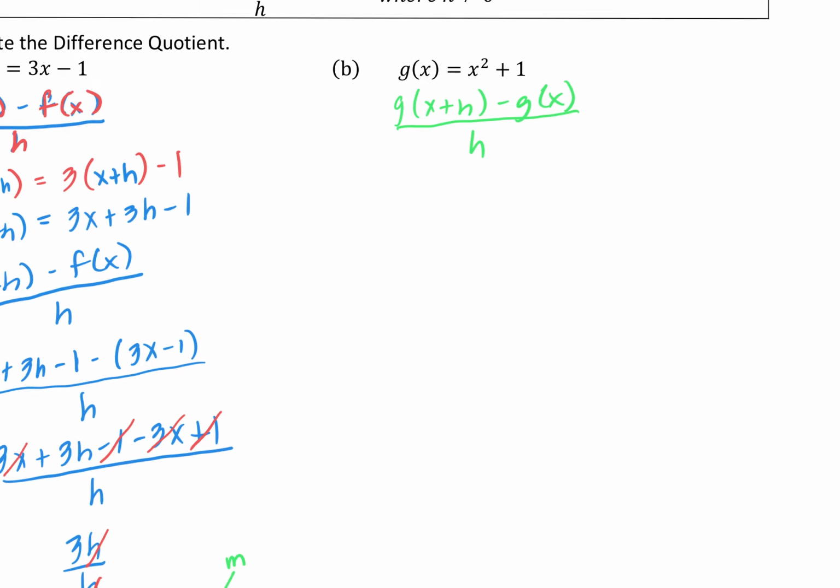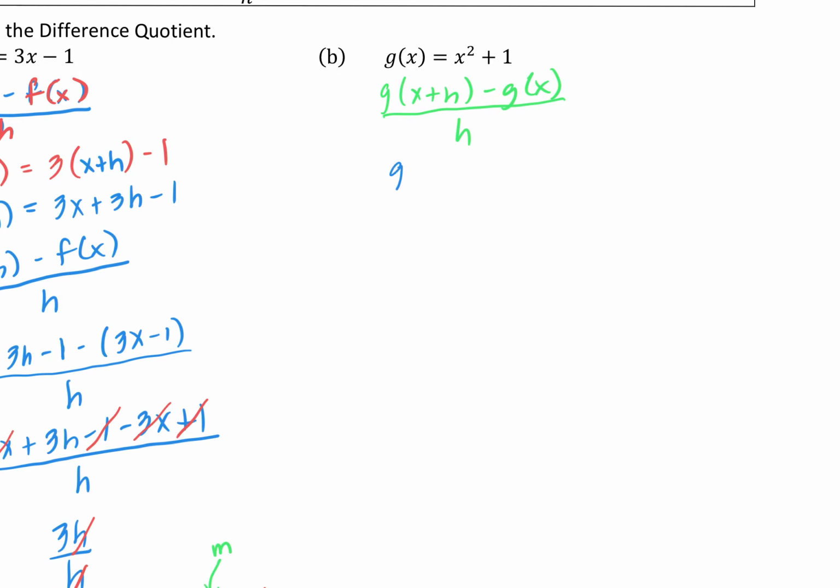I have g of x, I have h. What is our g of x plus h? I like blue better. So that just says wherever you see x, you're going to replace it with x plus h. So we're going to square that. And the plus 1 is on the outside, right? We're not putting the x squared plus 1 into g of x plus h. We're putting the x plus h in for the x in g of x.